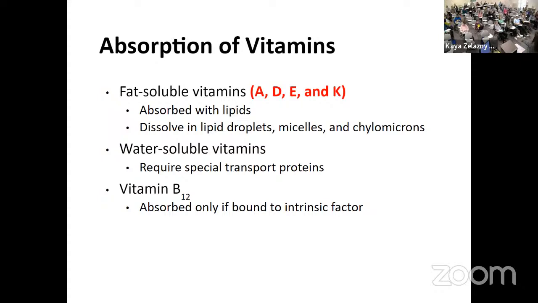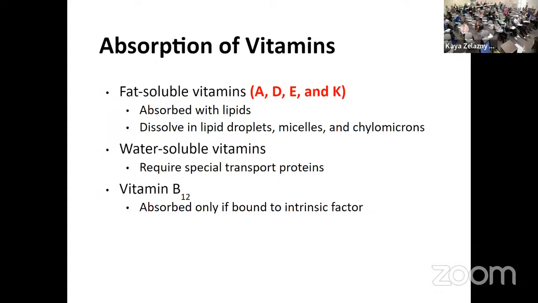When we were talking about lipids, we saw that we had these big fat globules that were broken down into smaller fat droplets using our bile salts, and then they're forming some micelles, but also having components of those droplets just directly dissolve across the membrane after they're broken up by the lipases coming from the pancreas. So all we want to know about fat-soluble vitamins is they're just kind of pulled along with that process. They're moving along the lipids.